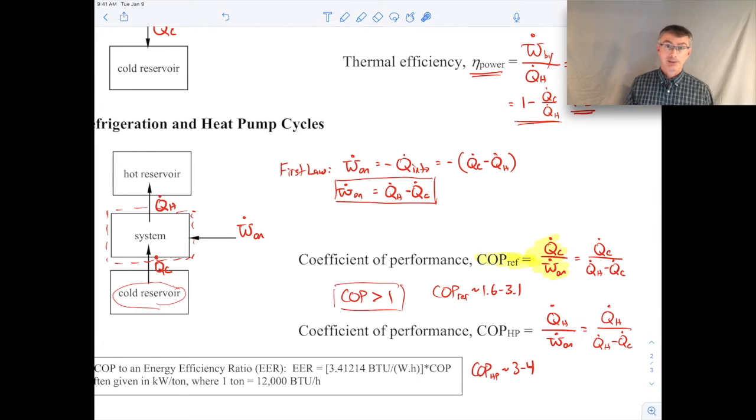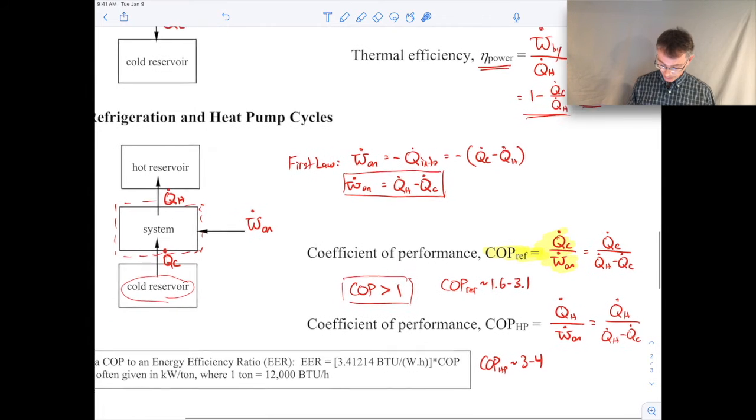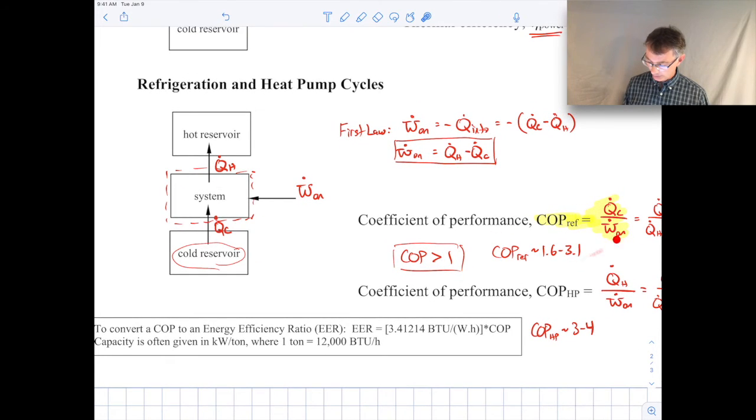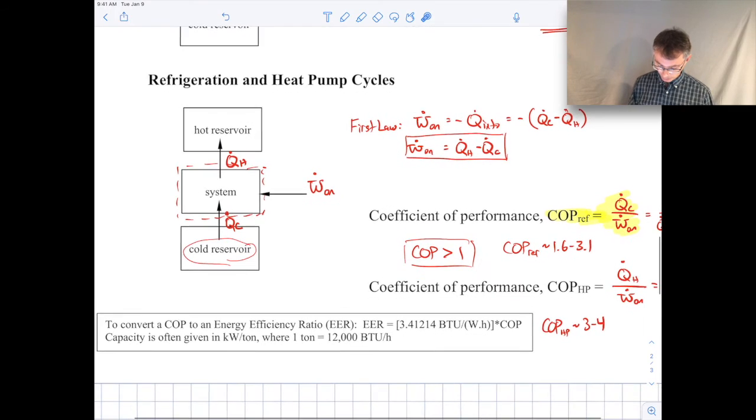Now, in practice, like if you actually went out to buy a heat pump or buy a refrigerator, you won't see people using the term coefficient of performance very much. Coefficient of performance is much more of an academic term. We use it. It's well defined in academia. It's dimensionless. It's easy to use. Unfortunately, in real practice, people have used other terms that have a terrible set of units associated with them.